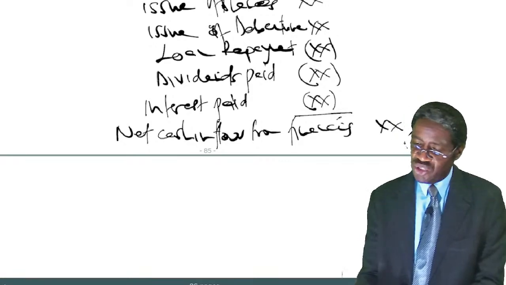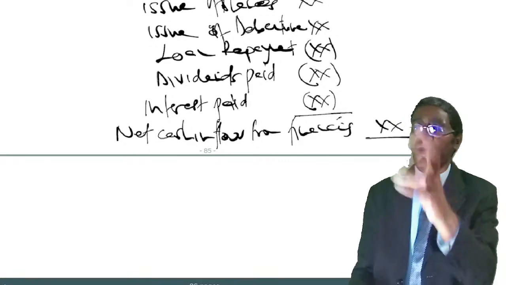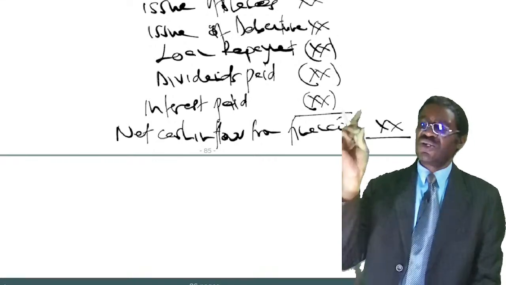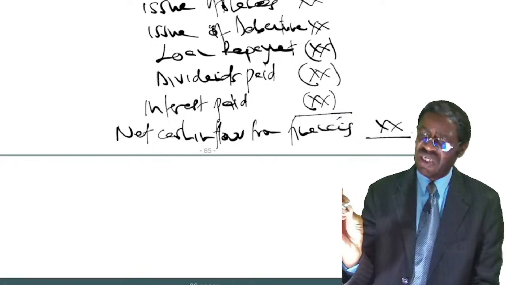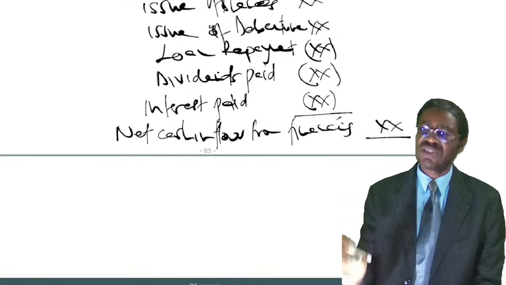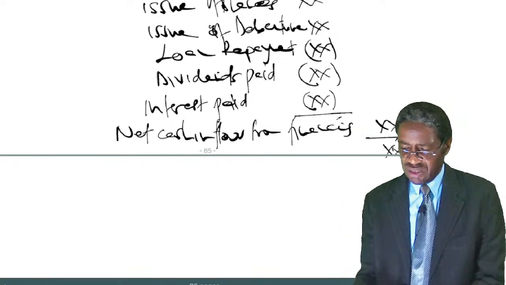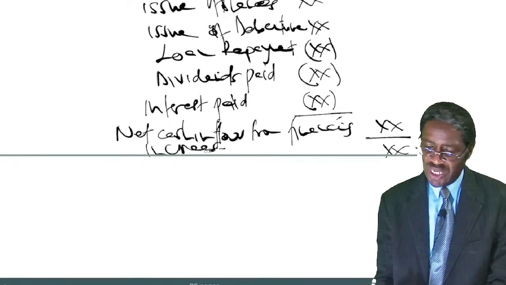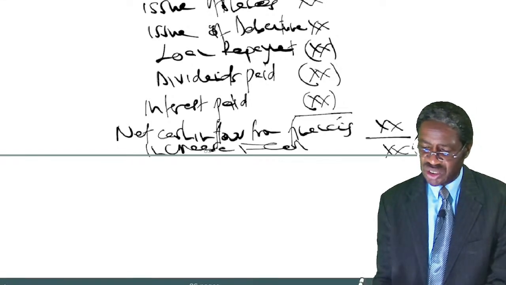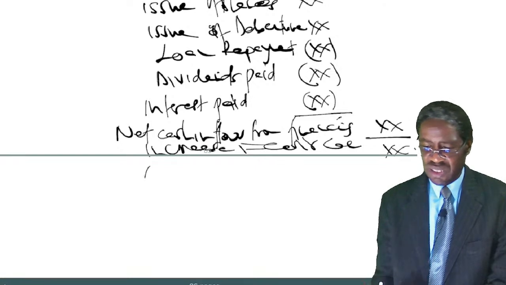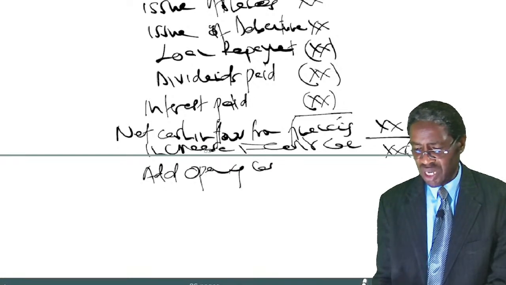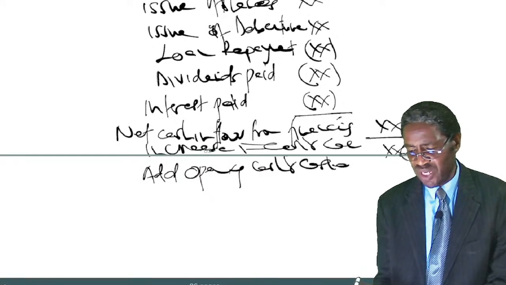Then I told you, get the net of all of them. Now you have the operating figure, you have the investing figure, now you have the financing, now get the net. I told you that net, if it's a positive, we shall be calling it increase in cash and cash equivalent. Then we shall be adding what we call opening cash and cash equivalent.